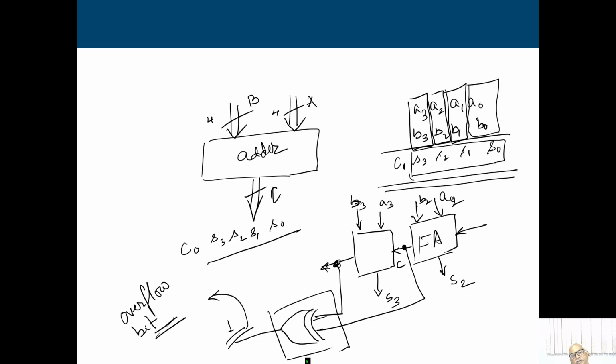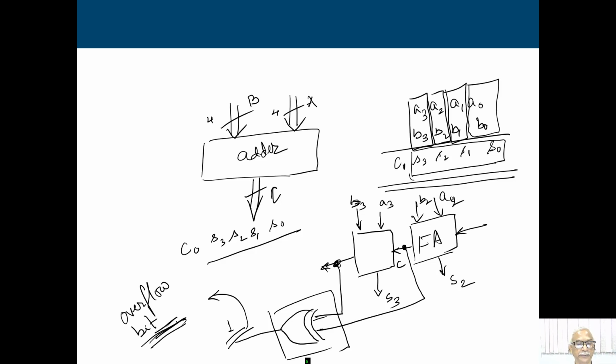Whatever result it is giving to me, how will I be assured that it is correct or not? Because we have already seen that while working with a fixed range, having a fixed number of bits, we may have cases of overflow where the result is not correct. Now, how to give this information to the user? We can give this information to the user with the help of this particular overflow bit. So, we are having an overflow bit.